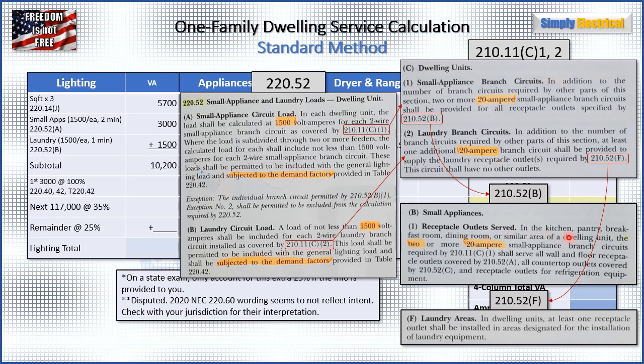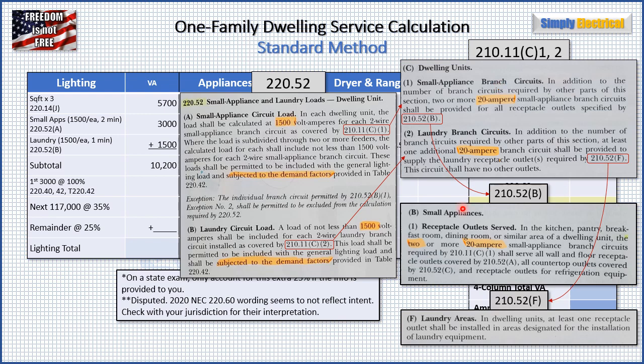So in the kitchen, pantry, breakfast room, dining room, or a similar area of a dwelling unit, the 2 or more 20 amp small appliance circuits, which we're talking about here, required by 210.11c1, shall serve all wall and floor receptacle outlets covered in 210.52a, all countertop outlets covered by 210.52c, and receptacle outlets for refrigeration equipment. So it basically is saying any kitchen area and area that is closely related to a kitchen, those receptacle outlets are to be on this circuit.